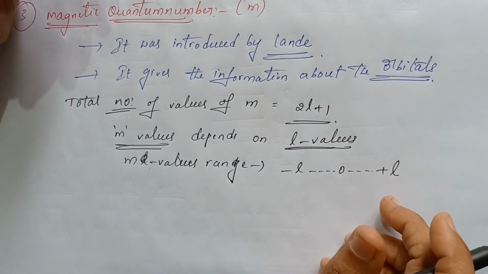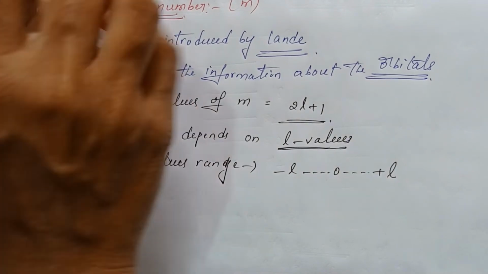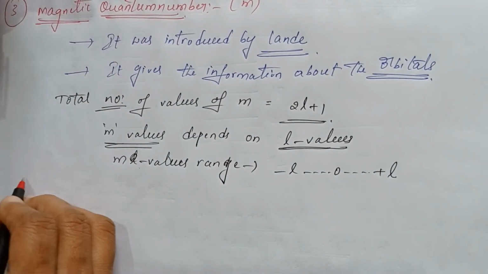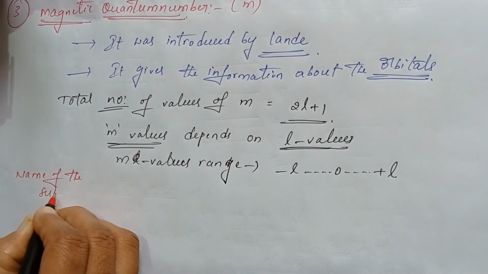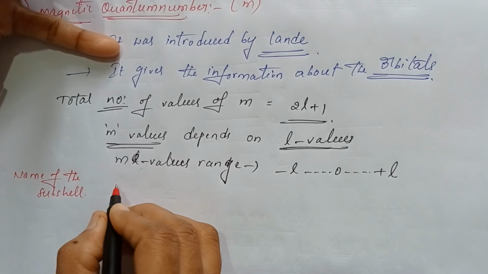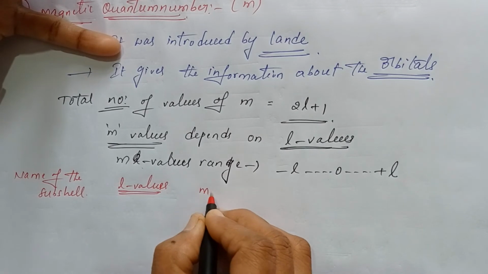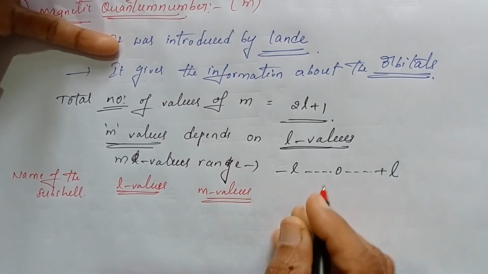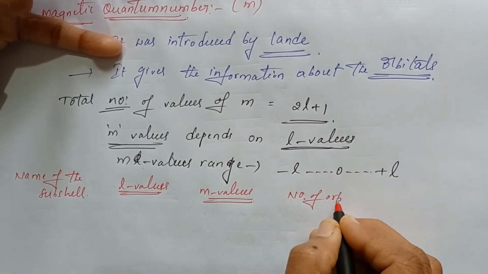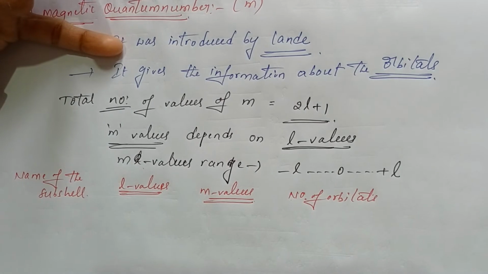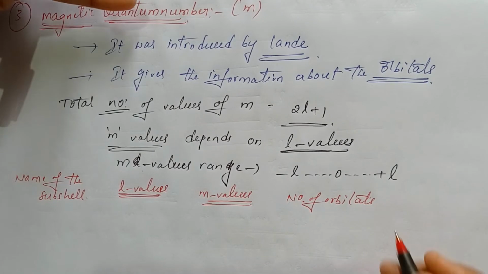Clear? So first of all, I am going to discuss one table, students. Here, name of the subshell. Now coming to the columns I am taking here: name of the subshell, l values, m values, number of orbitals, students.